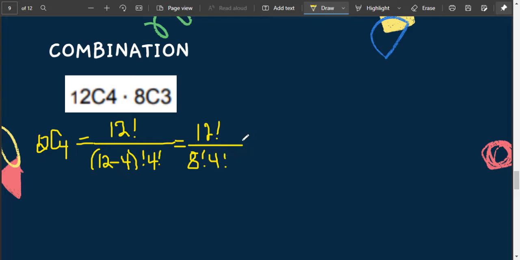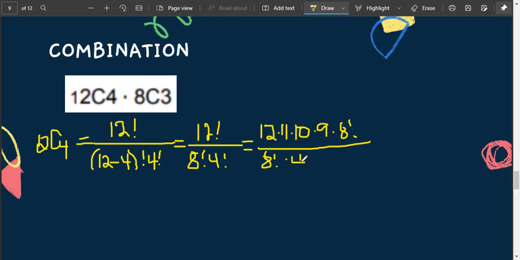So, ano mas mataas na number? 8. So, yung 12 factorial, i-expand mo lang siya hanggang 8 factorial. So, 12 times 11 times 10 times 9 times 8 factorial over 8 factorial times, i-expand na natin yung 4 factorial. That will become 4 times 3 times 2 times 1.